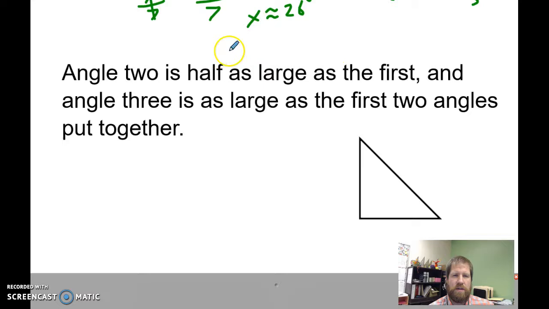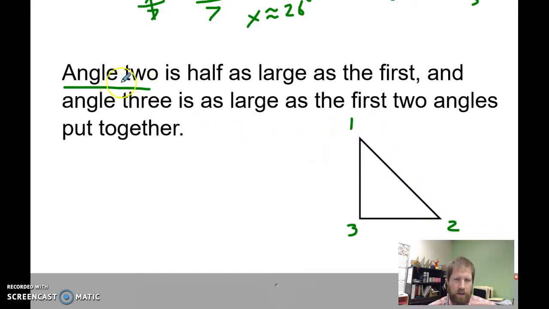And angle 2 is half of angle 1. So which of our angles is smallest? It's going to be angle 2, because angle 3 is both of them put together, so it's got to be larger than either of those, and angle 2 is half of the first one. So if 3 is the largest one, I'm going to put it on my diagram as the largest one. This will be angle 1 and angle 2.